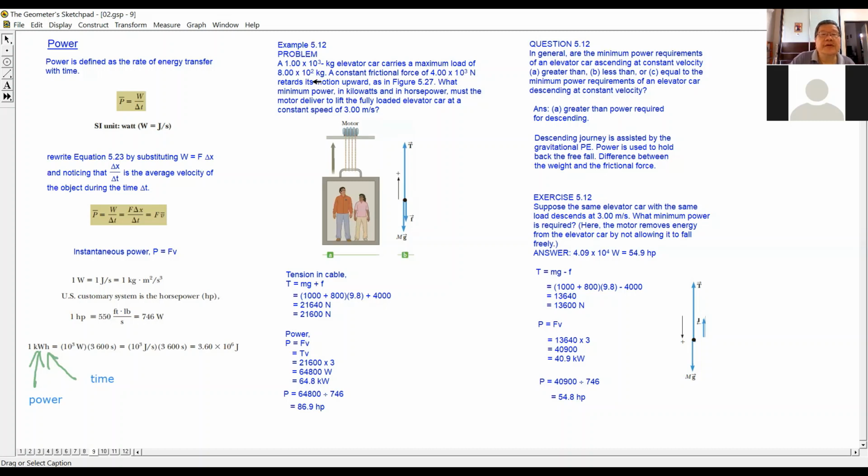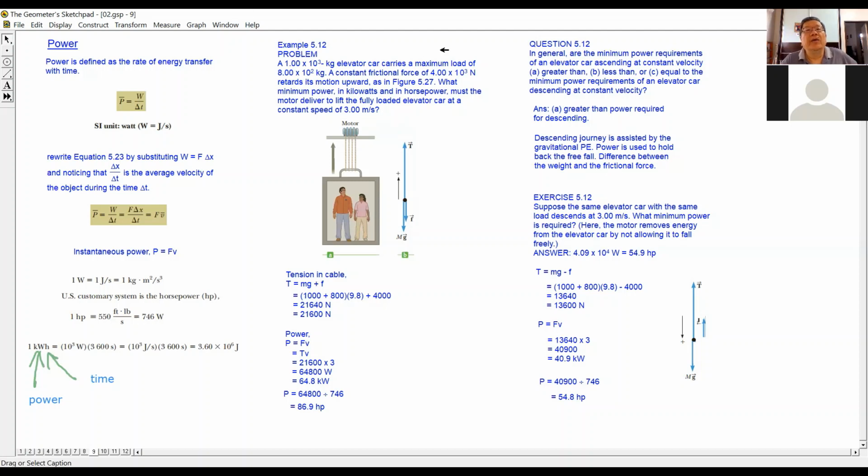What minimum power in kilowatt and in horsepower must the motor deliver to lift the fully loaded elevator car at a constant speed of 3 meter per second?